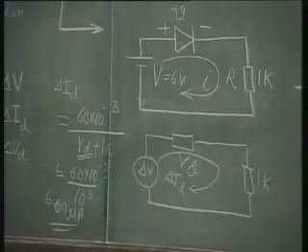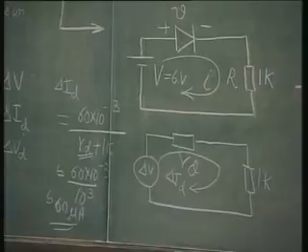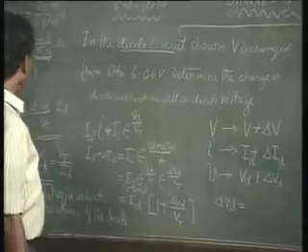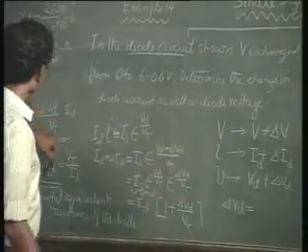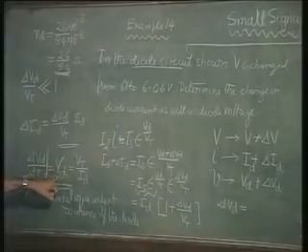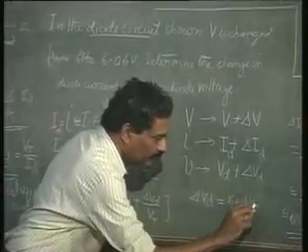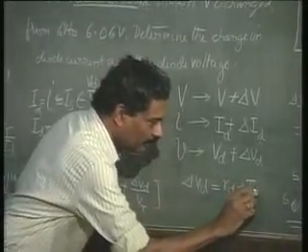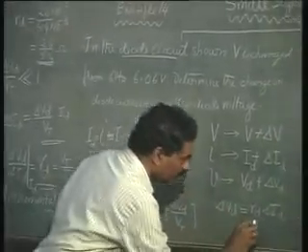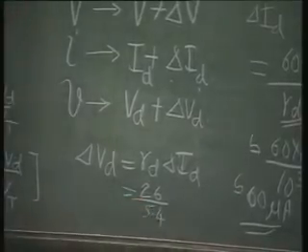The original voltage itself is very small. What is the change in voltage? That can be easily evaluated. Once you know the change in current, delta I diode, delta V diode is going to be given by R diode into delta I diode. R diode is already given as 26 by 5.4.